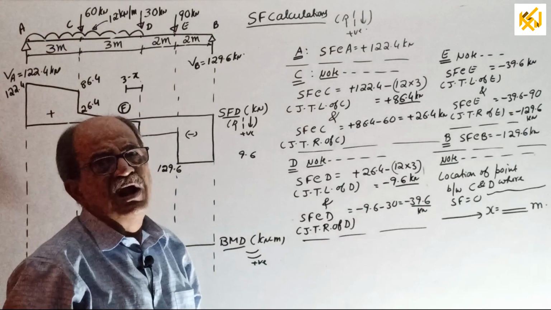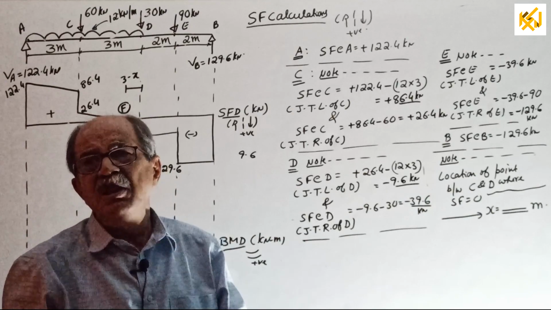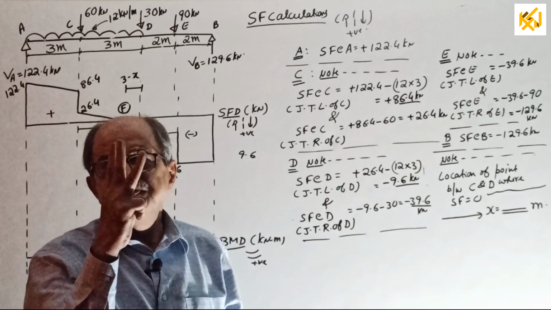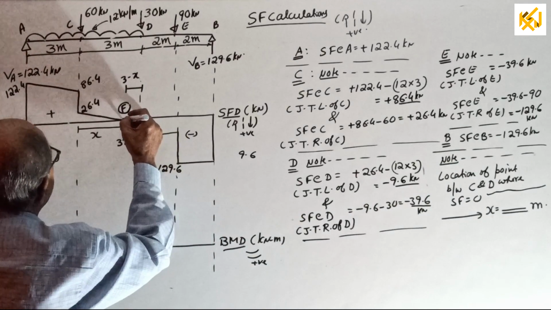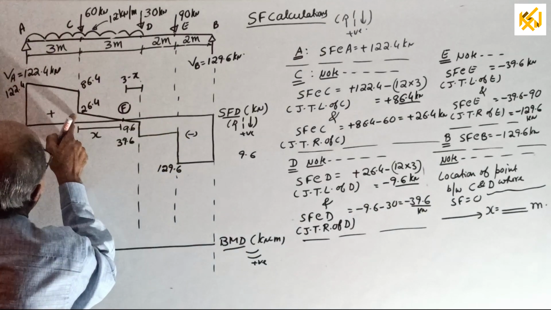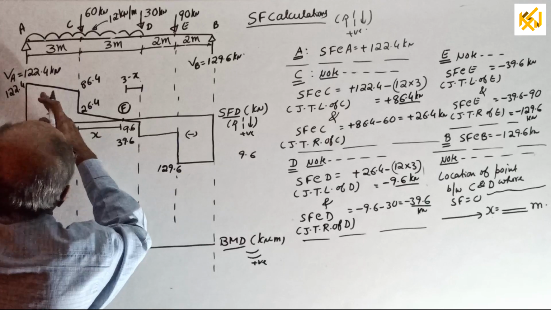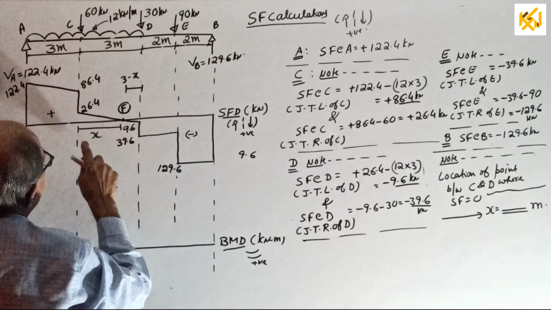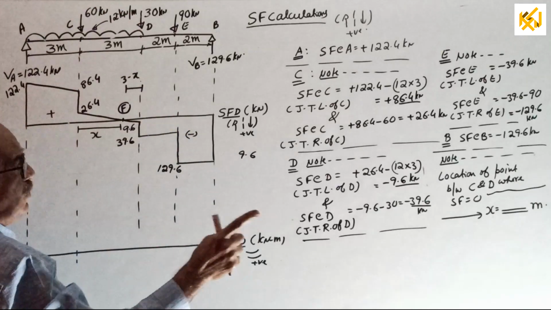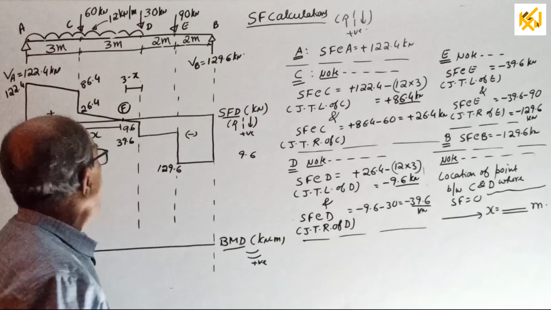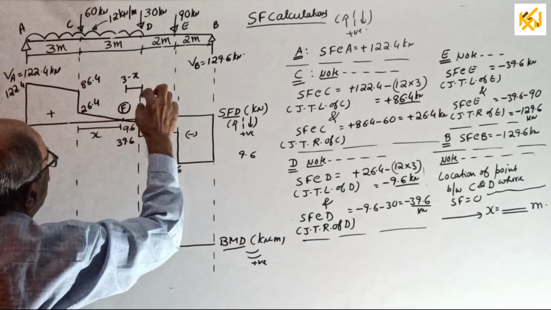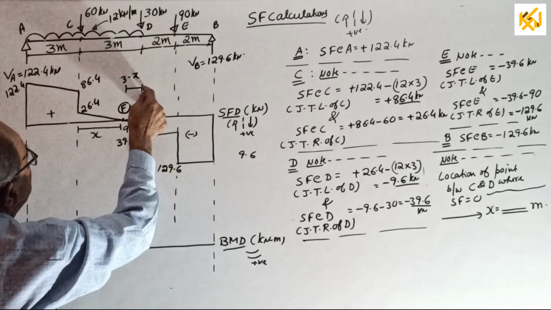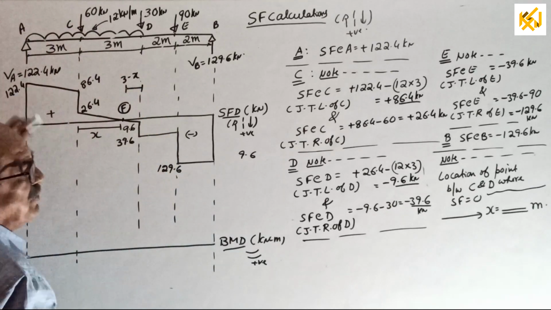I told 3 options for you. First option: shear force here equal to 26.4, the shear force just to right of C, minus 12 into X equal to 0, you get X. Or 26.4 divided by X equal to 9.6 divided by 3 minus X. You get the value of X.